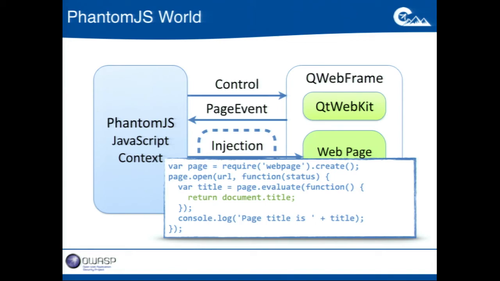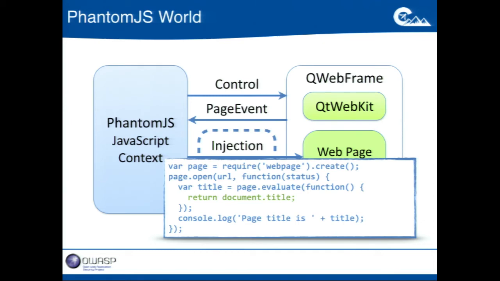This looks like Node.js, with the require. You require the module webpage, then you call create on it. You will create a page that is running WebKit inside it. Then you open a URL on the page.